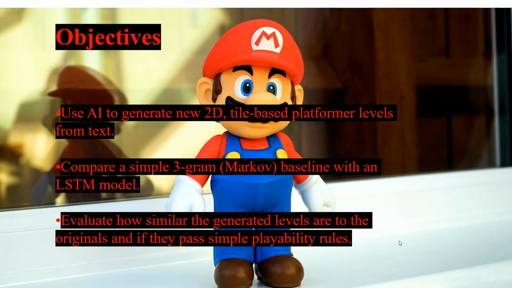And third, to evaluate how similar the generated levels are to the original levels and whether they pass some basic playability rules. So overall, the goal is to see if AI can learn level design patterns from examples and then create new levels that feel similar.